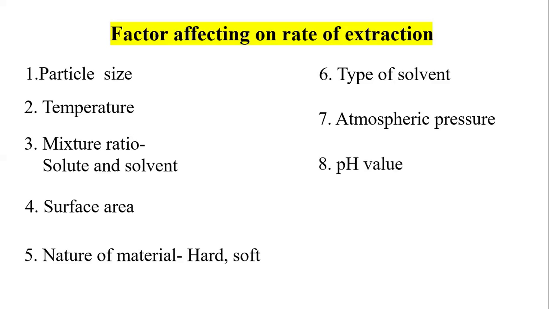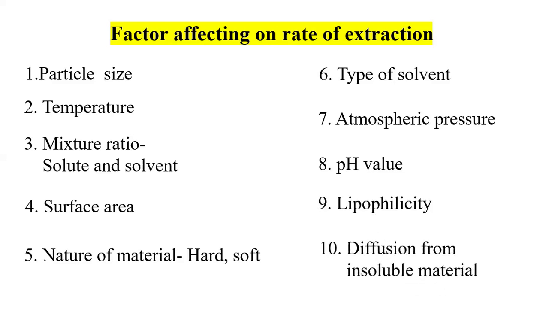The pH value also affects the rate of extraction. In some cases it is directly proportional, whereas in some cases it is inversely proportional to the rate of extraction, depending upon the nature of the active chemical components. Next one is the lipophilicity, and the next one is the diffusion from the insoluble material.